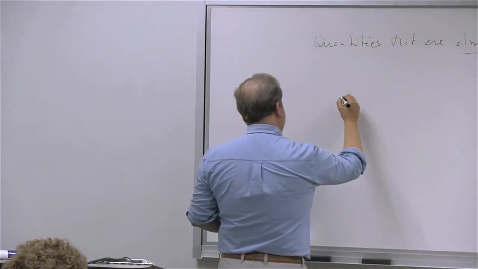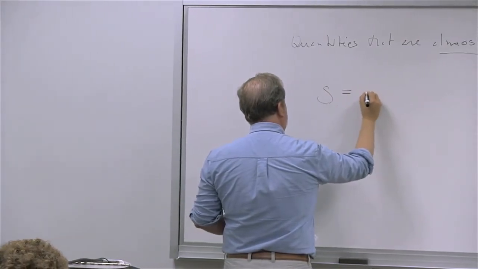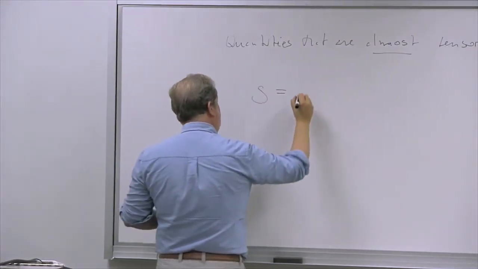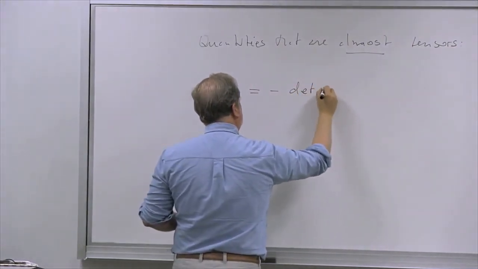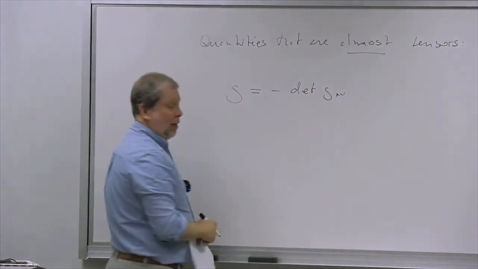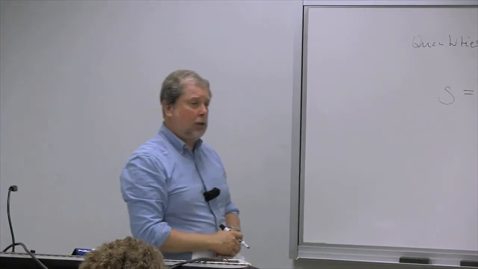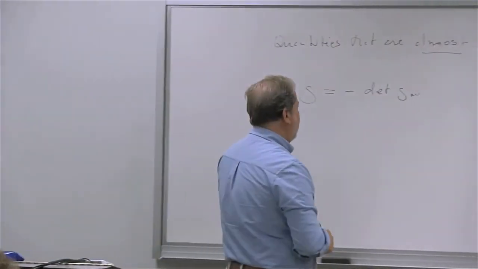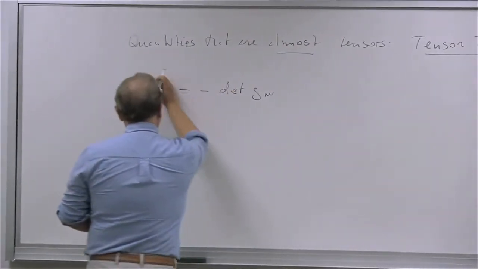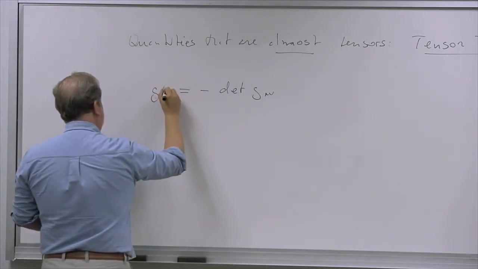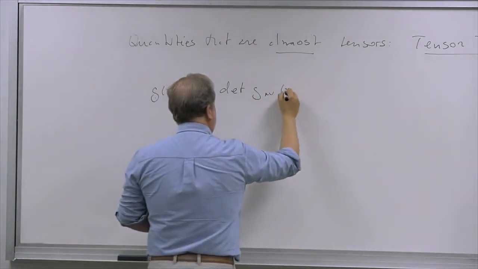And so the first one has to do with the determinant of the metric. That is, if you take the determinant of the metric, after all, the metric is a 4x4 matrix, which depends on x. And let me put the x dependence here so that we remember that there is always an x here.